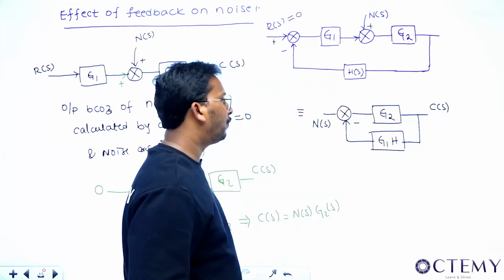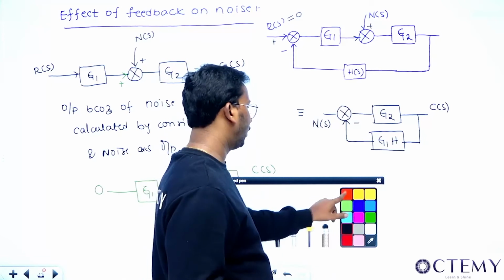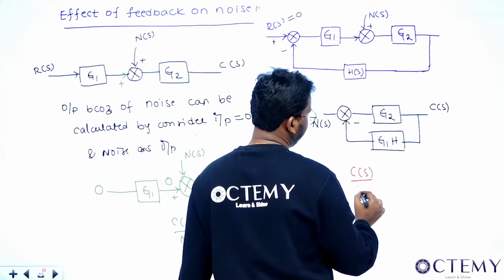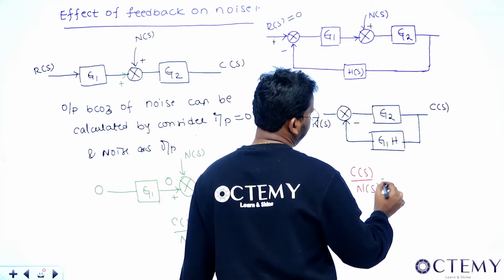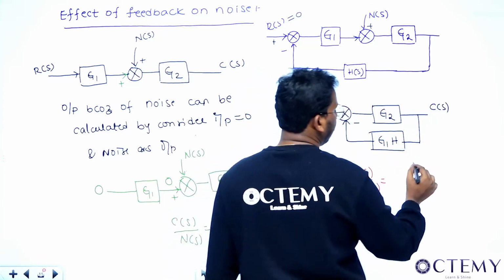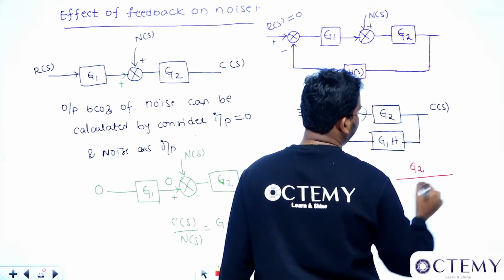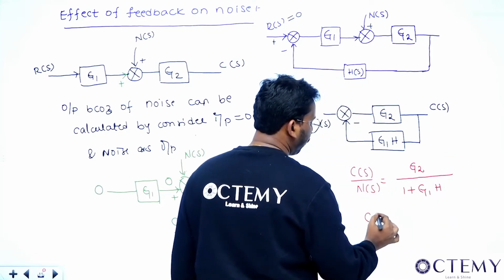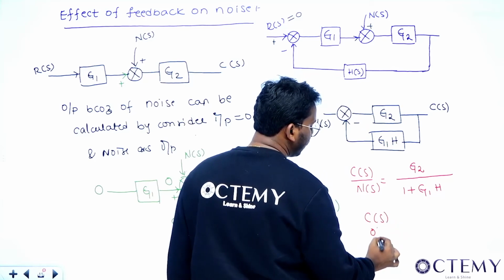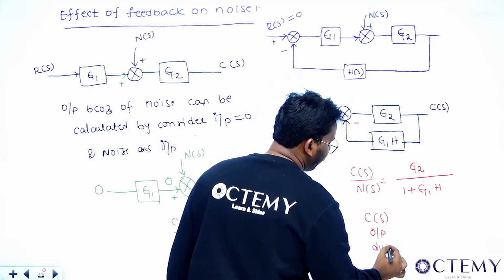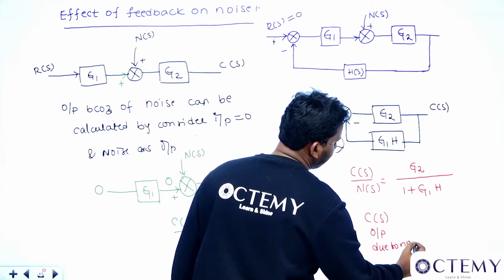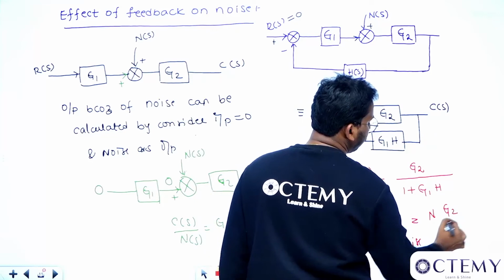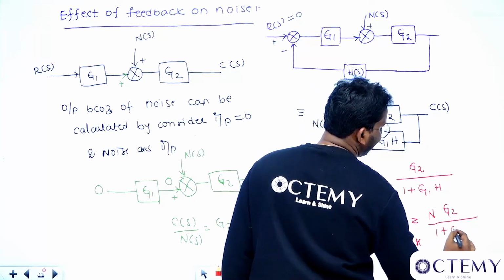Right? So if you find C of S by N of S now, because this output is input, see sir, what will you get? You will get G2 divided by 1 plus G1H. Therefore, what is the output due to noise? Output due to noise is equal to N into G2 by 1 plus G1H.